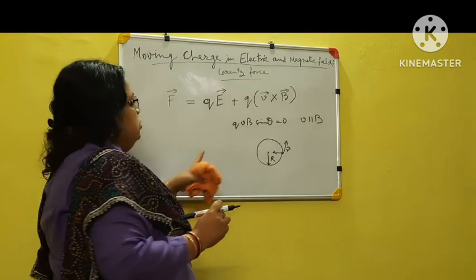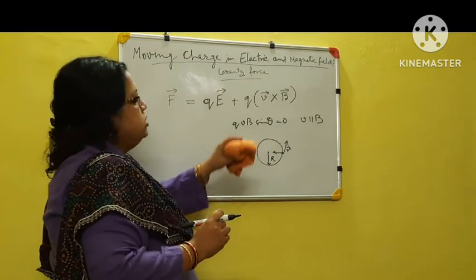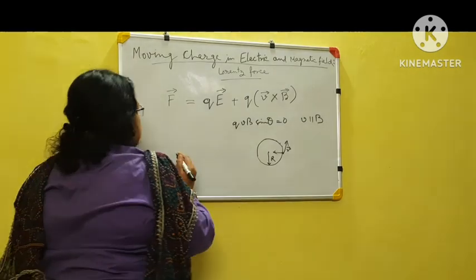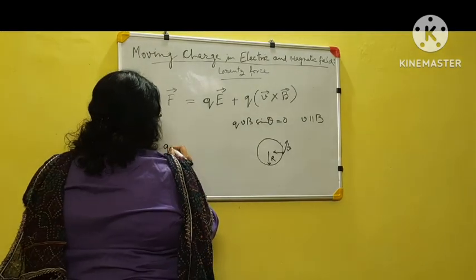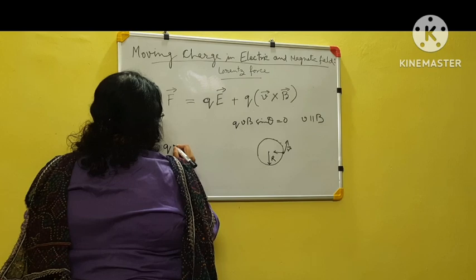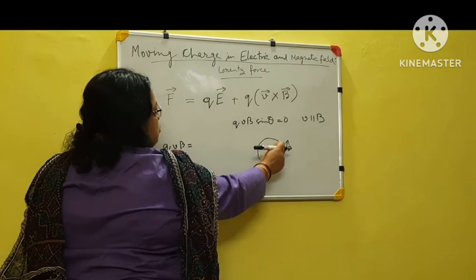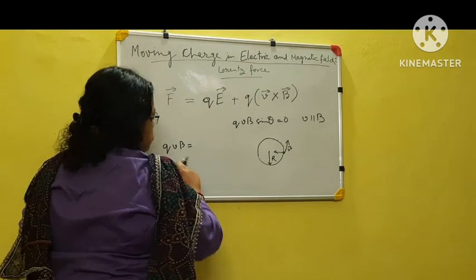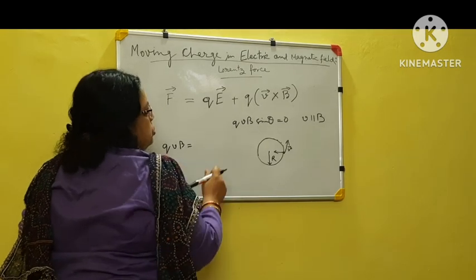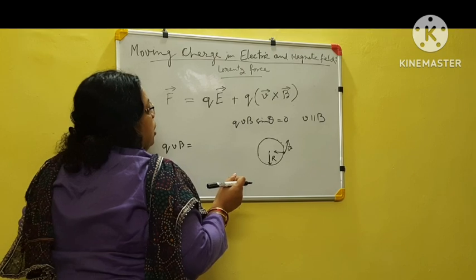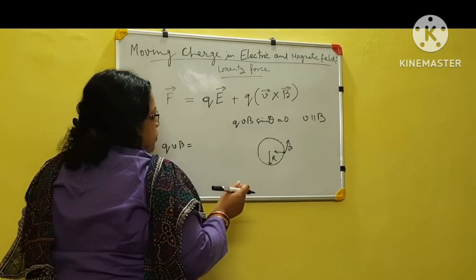Now the force when V is perpendicular to B, I have shown that it will be equal to qVB. That is the source of force, the force which will cause the charged particle to move in a circular path.